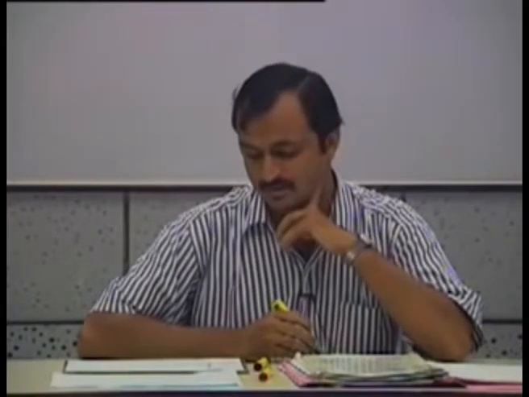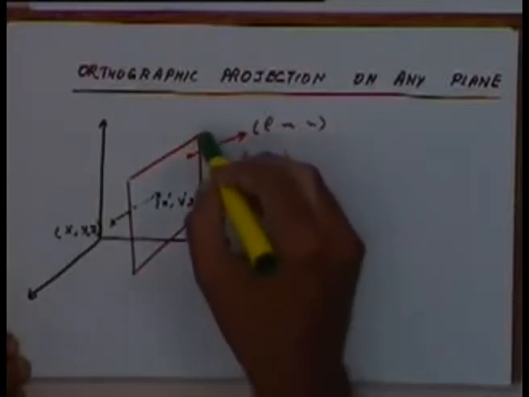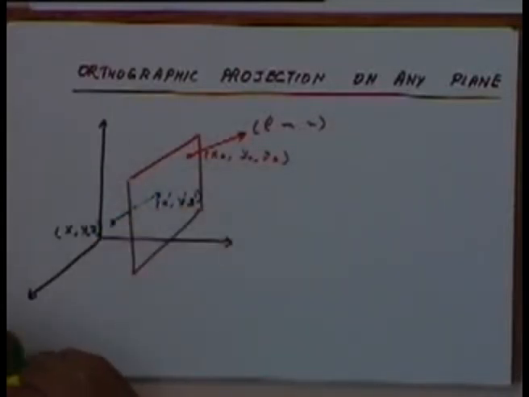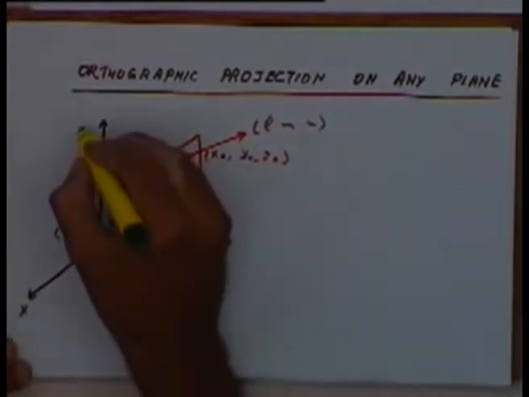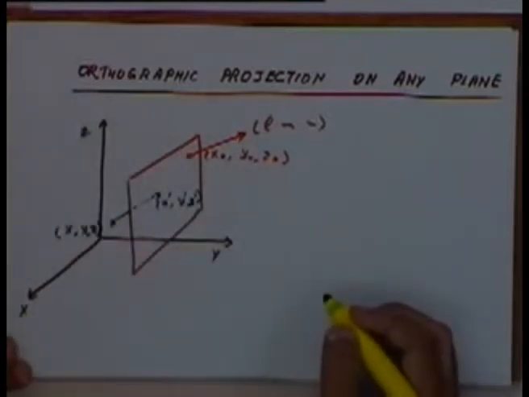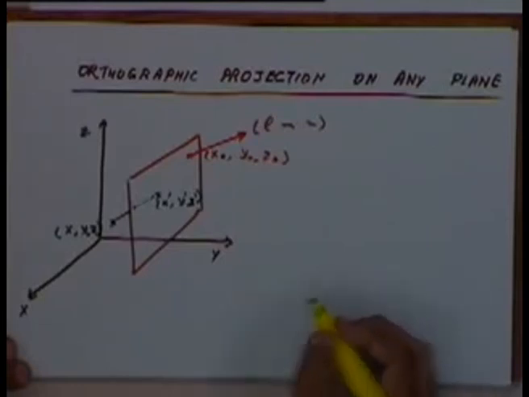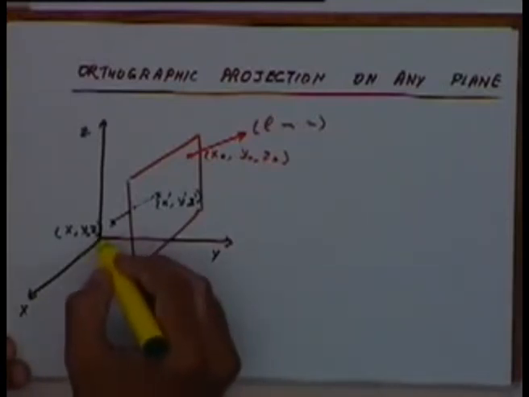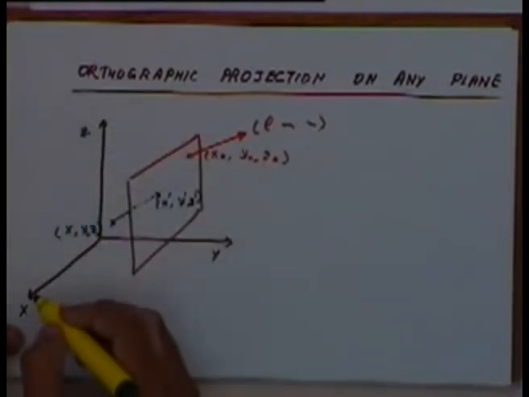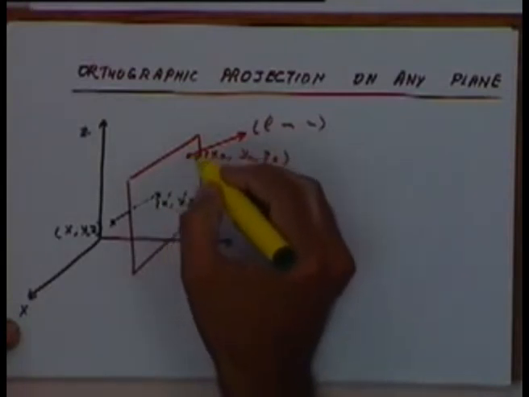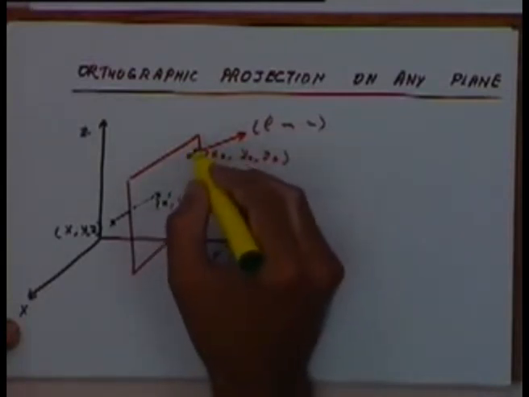We bring the xy plane onto this projecting plane. Let's say this is x, y, z. And how do we align? This is my original origin of my xyz coordinates, and this is the point through which the plane is passing.